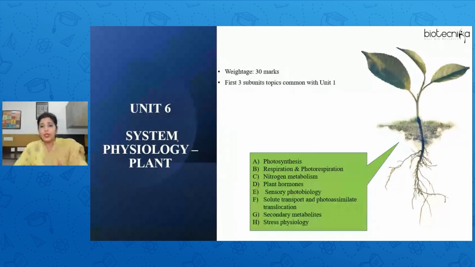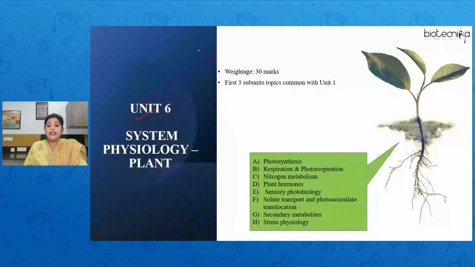Obviously unit 7, which is about animal physiology, will be a strength for those students having a zoology background. So zoology background students can skip unit 6, but students having a background of biotechnology, biochemistry, microbiology should select unit 6 instead of unit 7, because unit 6 has more weightage.